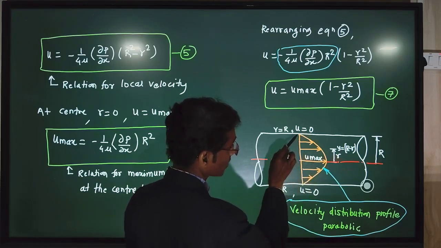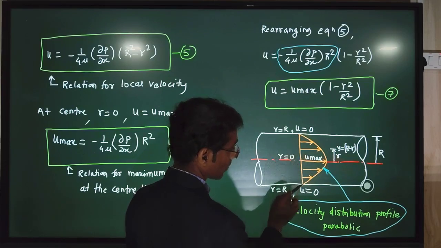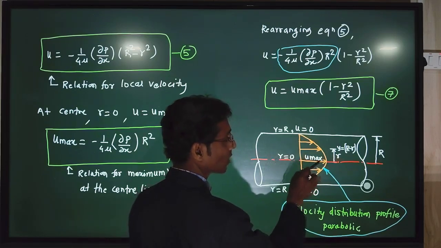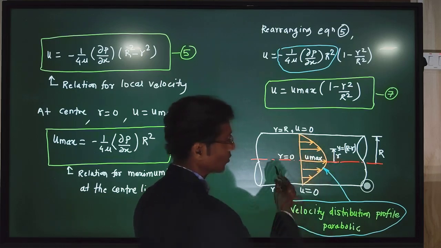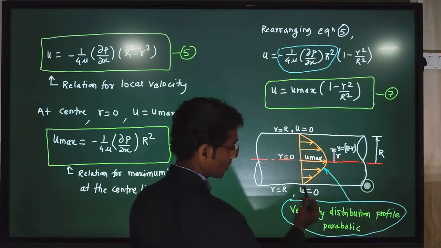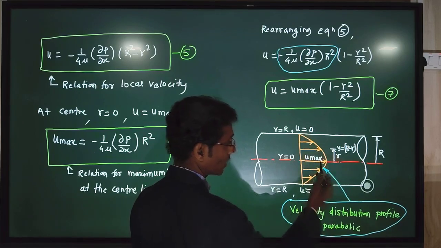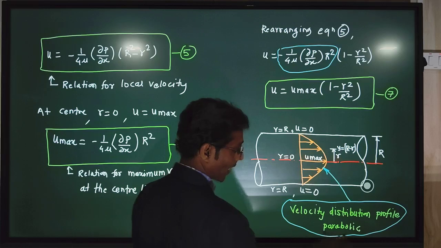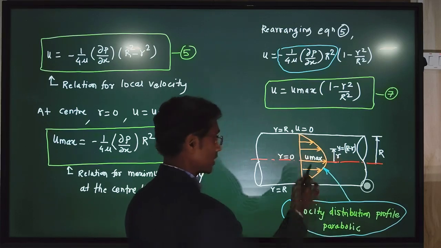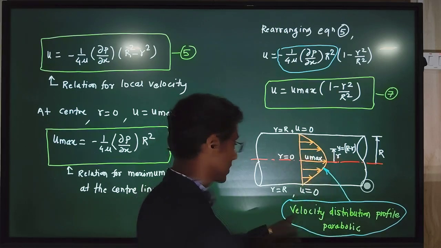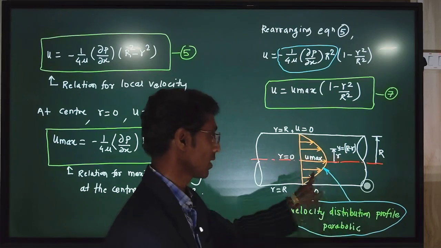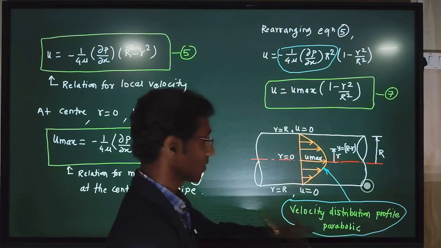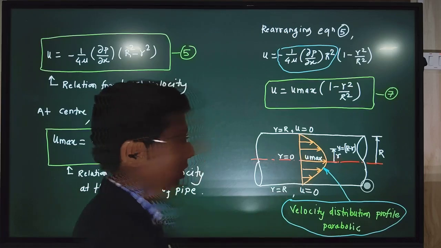That means velocity varies from the pipe surface from 0 value to a maximum value toward the center line of the fluid flow. Thus, this is the curve which is shown. It is a velocity distribution profile, which is parabolic in nature. It is like a parabola. That is why we say the velocity distribution profile for flow through a pipe is parabolic in nature.